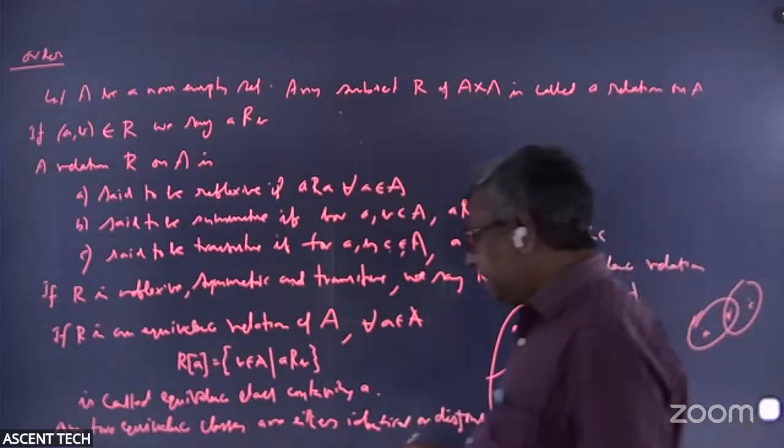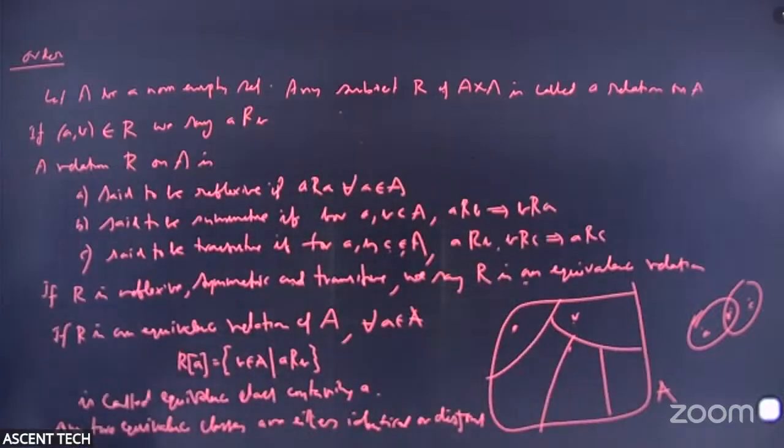And the entire space A can be written as a union of all of its equivalence classes. Okay? And the space capital A is a union of equivalence classes.